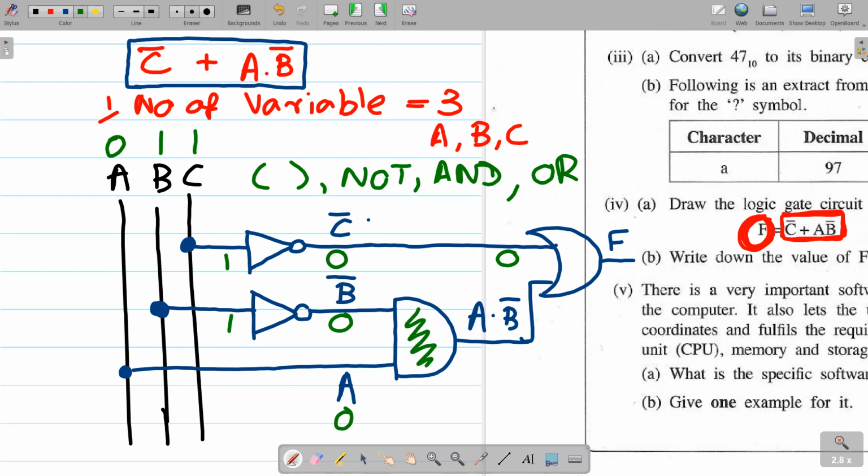Since this is an AND gate, a dot e bar is going to give you a 0. And since this is an OR gate, this 0 and this 0 will be added together. That means the final answer of f is also going to be 0. That is how you are going to argue this.